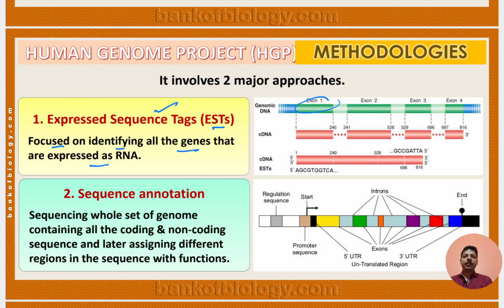Like they only see the exons, only read this. EST, expressed sequence tag. Then sequence annotation, that is sequencing the whole set of the genome containing all the coding and non-coding sequences and assigning different regions in the sequence a function. Means introns are also present.